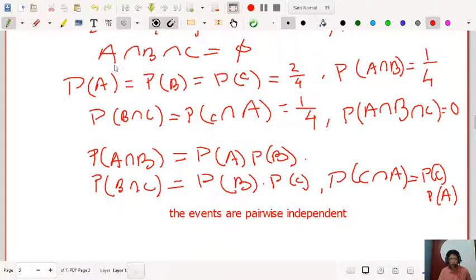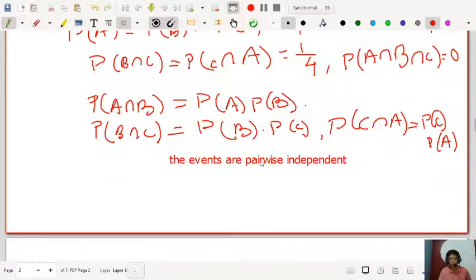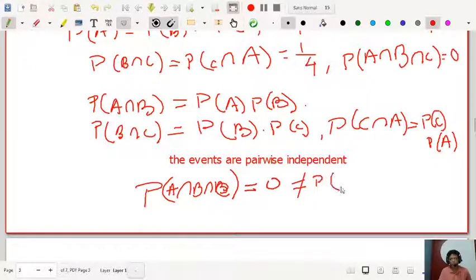Now for A intersection B intersection C, what is your conclusion? You see, probability of A into probability of B into probability of C, that will be 1/8. So probability of A intersection B intersection C is equal to 0, and that is not equal to probability of A into probability of B into probability of C, because the product will be half into half into half, that is 1/8.